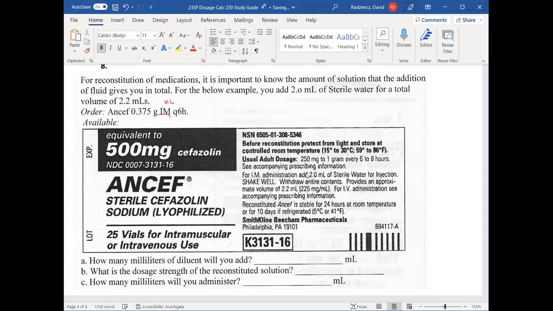But when we look at our cefazolin or Ancef, we can see that it just says 500 milligrams. It doesn't say anything about milliliters anywhere on the big part of the label. So that's your clue that you're dealing with a reconstitution: the label doesn't tell you what the strength is. So you need to go to the directions on the side label.